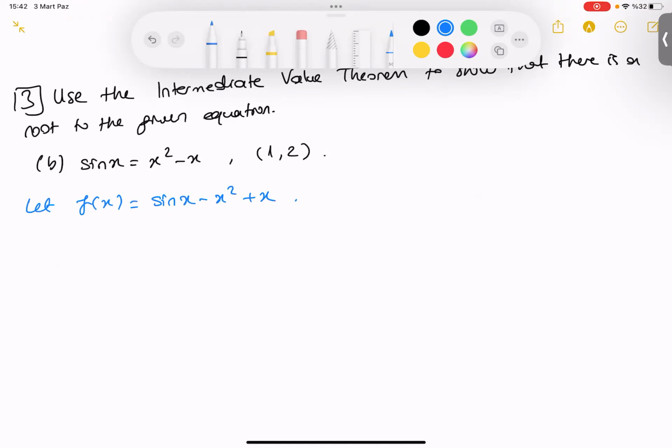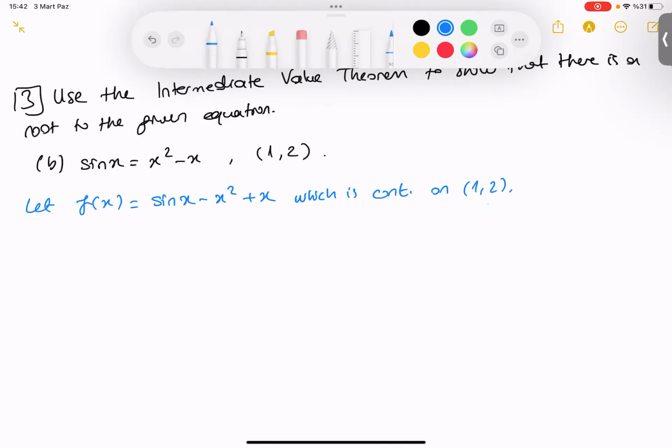To apply the intermediate value theorem, you need to say that f is continuous on that interval. It is continuous because sine, x squared, and x are all continuous functions, right? Not only on this interval, but on all real numbers. But we will only look at this interval.